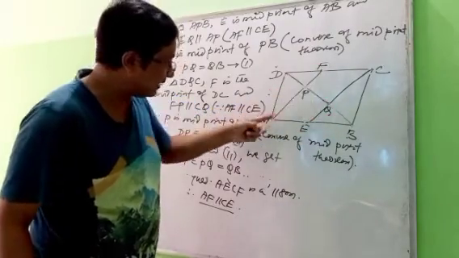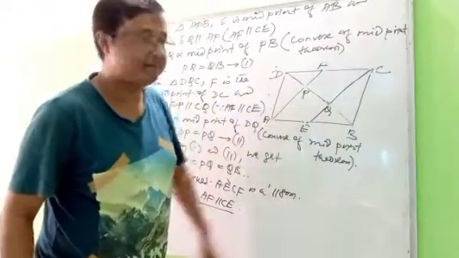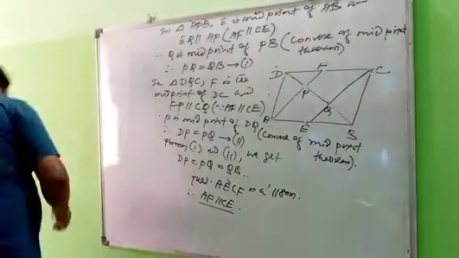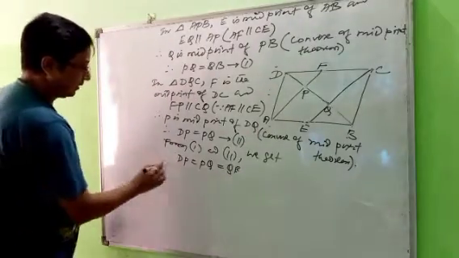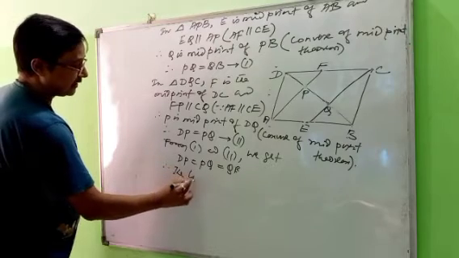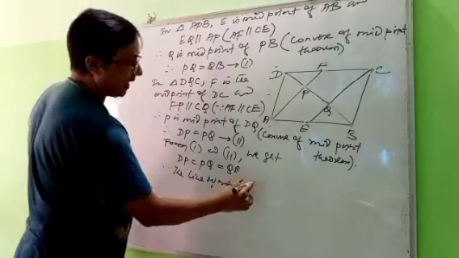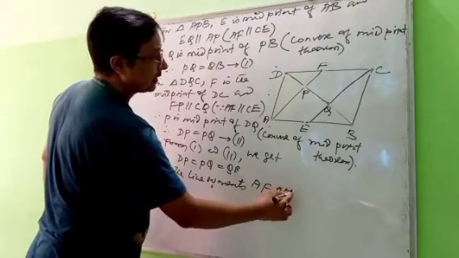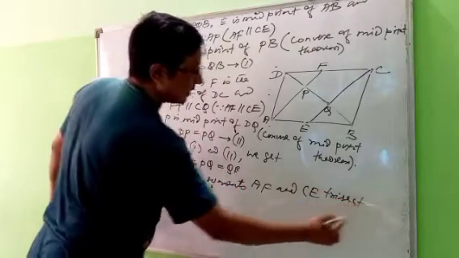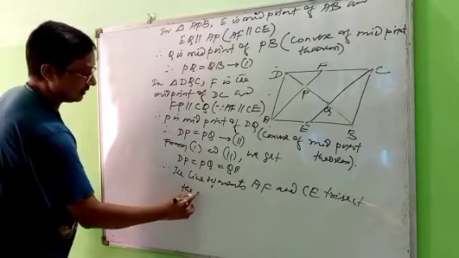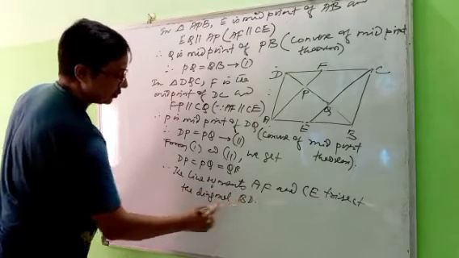Hence the line segments AF and CE trisect the diagonal BD. So it is proved.